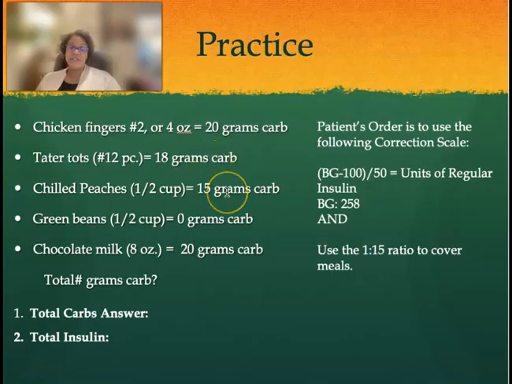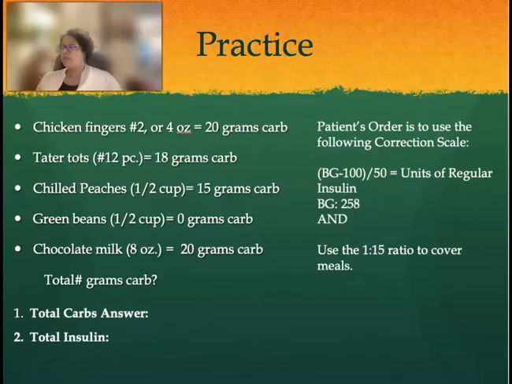They didn't want the peaches. They drank all the milk, and they had no green beans. So you'll have to figure out the total amount of carbs, divide that by 15, and then add both those numbers that you get down here, and then you'll have the total number of insulin that you're going to give the child.